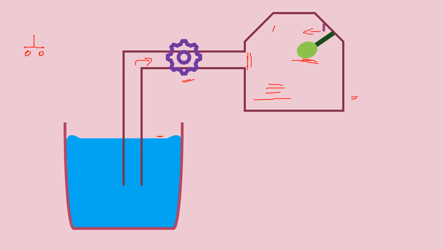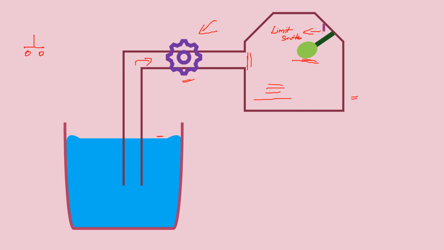We have a limit switch attached here. The output of the limit switch will be used to stop this motor. So that is our objective. This arrangement has to automatically identify when to stop the motor.